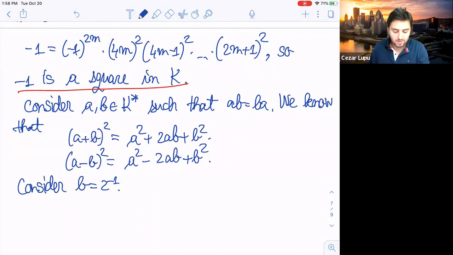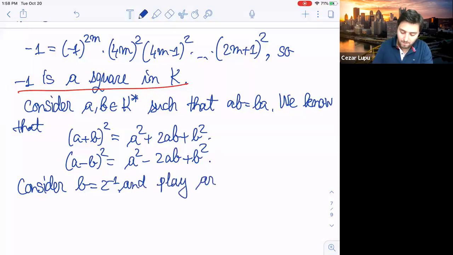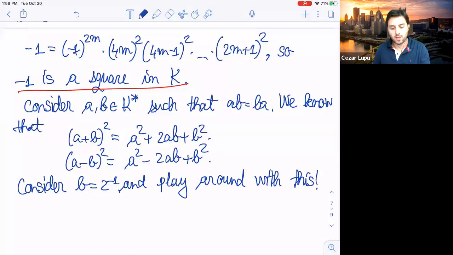Try to play around with this. That is the main idea. It's a very beautiful problem. Unfortunately, I don't have time to finish it, but anyway, I think you can do it.